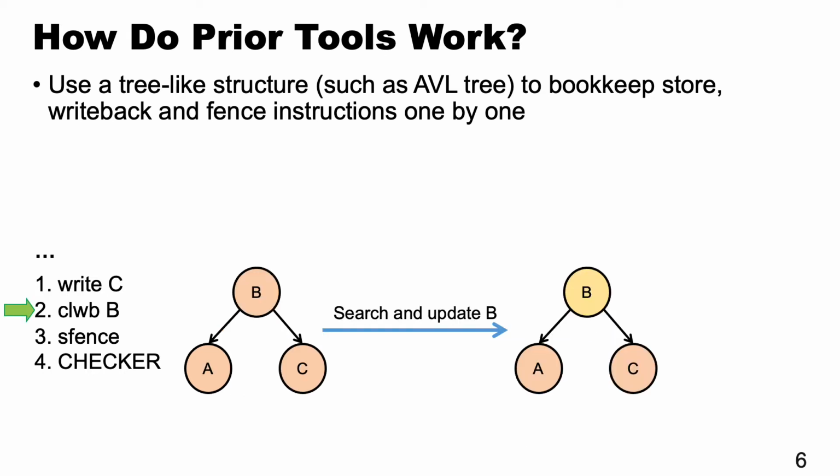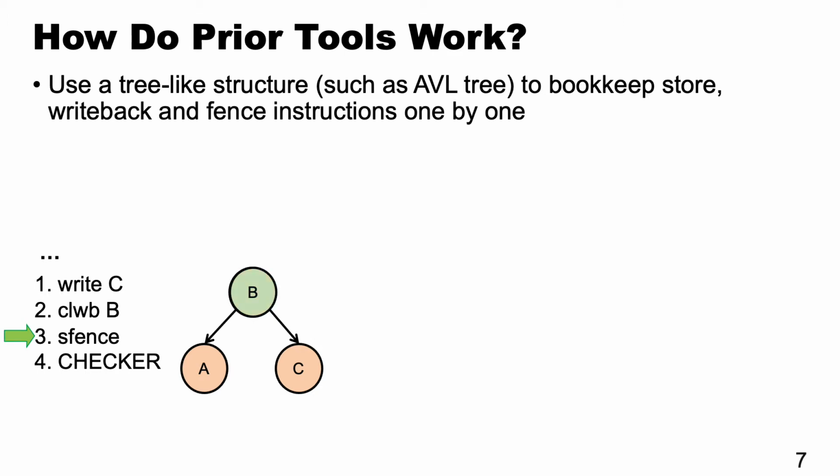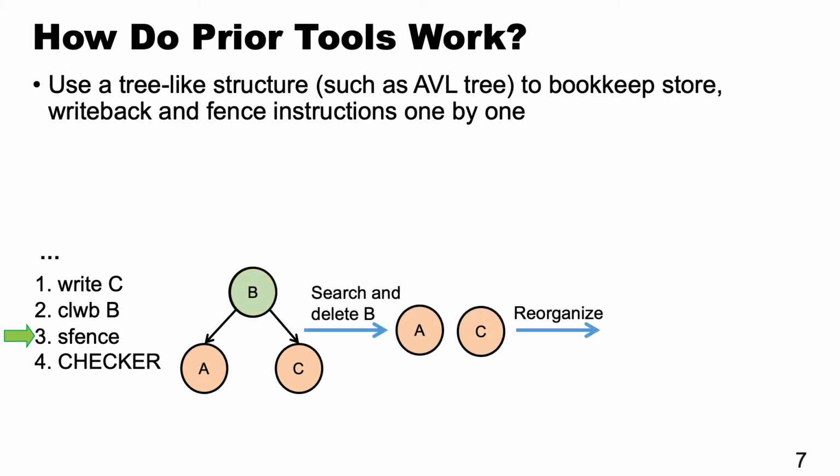If debugging tools encounter a write back instruction for location B, they search and update the information of location B in the tree and mark the state of location B as flushed. When a fence instruction comes in, debugging tools search and delete nodes whose states are flushed, because the durability is guaranteed at the fence, then reorganize the tree.